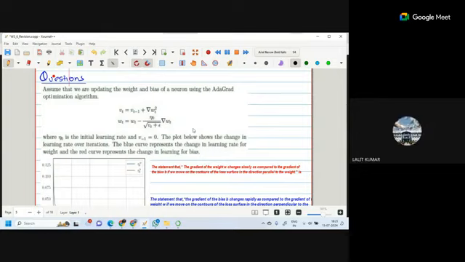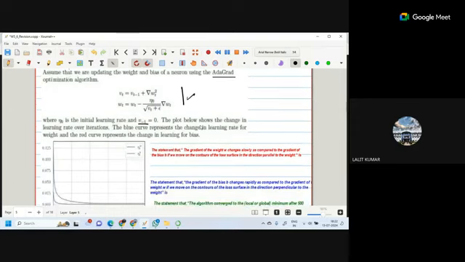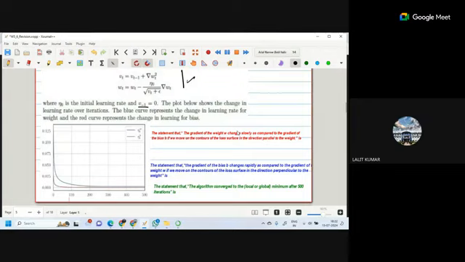Assume that we are updating the weight and bias of a neuron using the AdaGrad optimization. The AdaGrad formula is given, where eta naught is the initial learning rate and v(-1) is equal to 0. The plot below shows the change in learning rate over iterations. The blue curve represents the changing learning rate for weight, and the red curve represents the change in learning rate for bias.